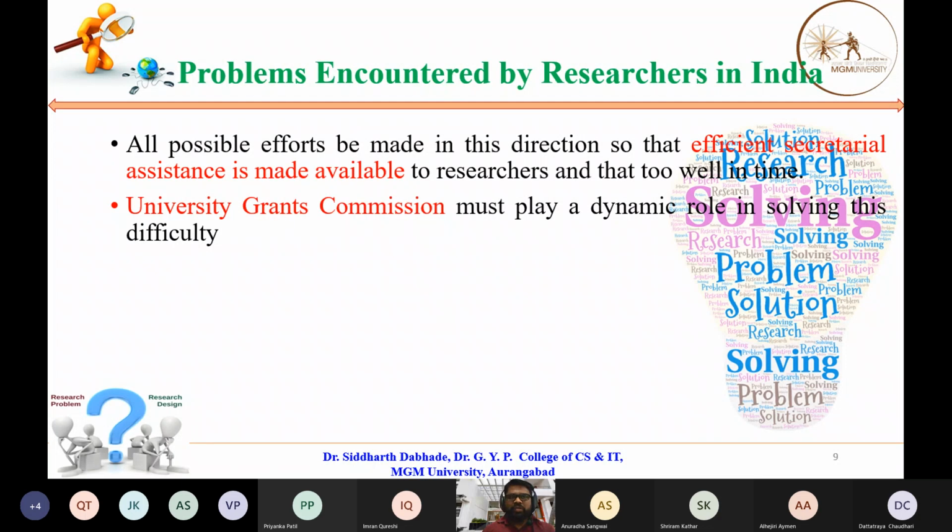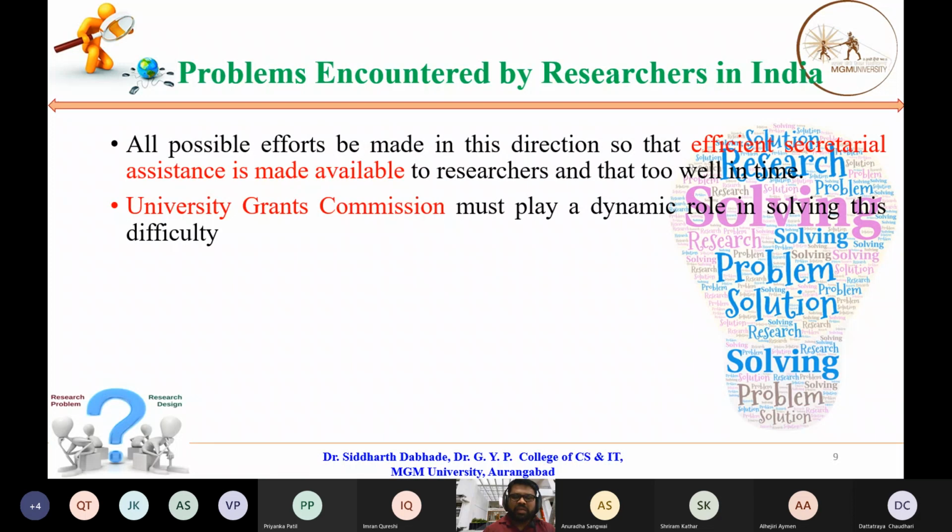If I am a student of social science and I want to take a survey, or identify certain data from Twitter or Facebook, or perform sentiment analysis, at that time the social science student is not able to collect such information. They depend on computer science students or computer people, and computer people are not able to provide assistance within the stipulated time.